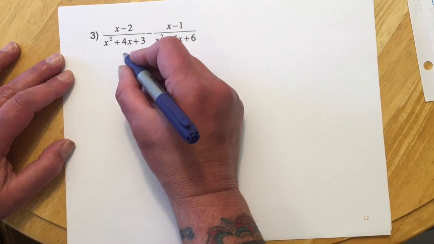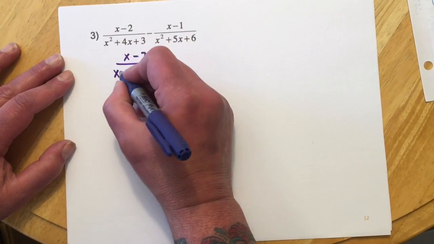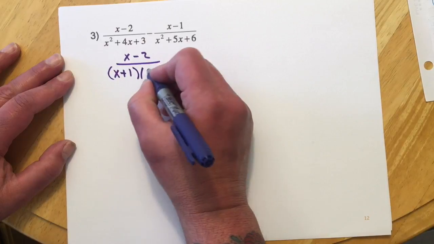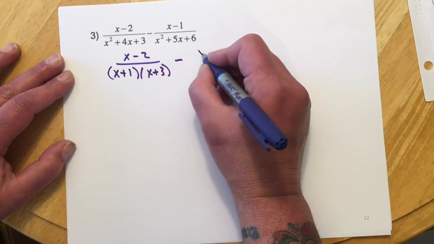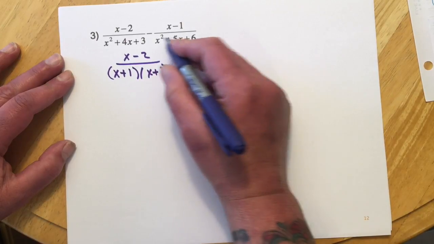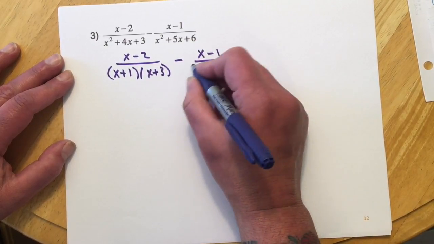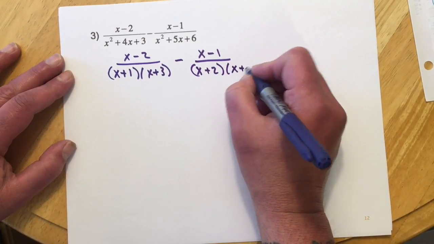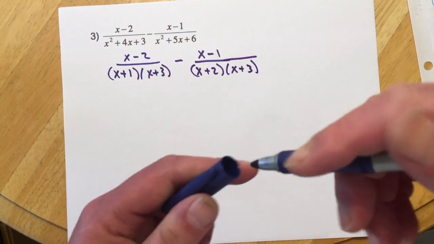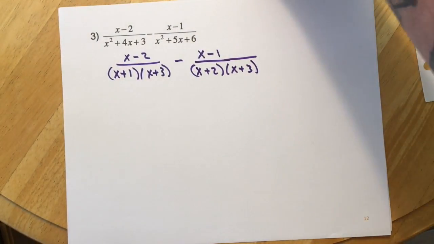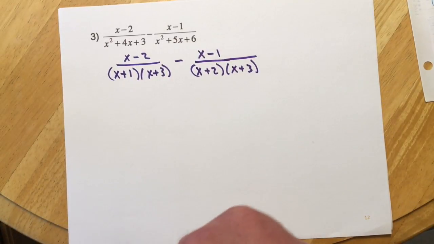Okay, so this one, x minus 2, so I'll factor this, x plus 1, x plus 3, that gets us the 4, minus x minus 1 over x plus 2, x plus 3. Okay, so this one's going to get kind of big for a second. We got x plus 1, x plus 3, x plus 2, so that's going to be our LCD.